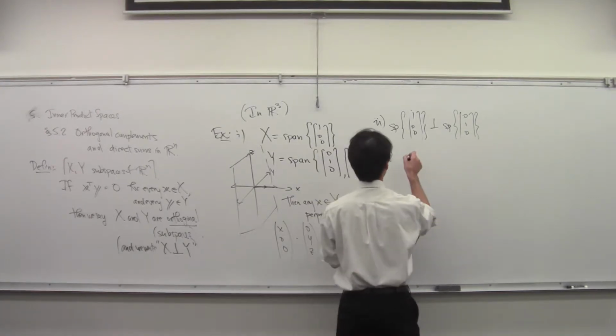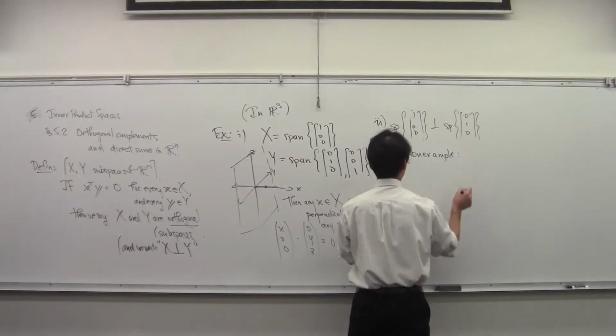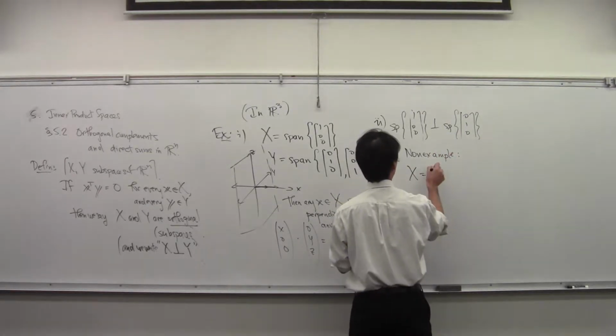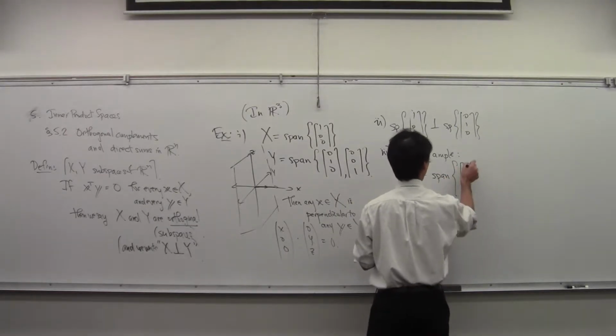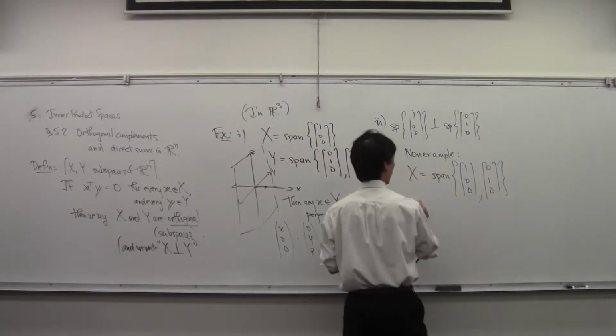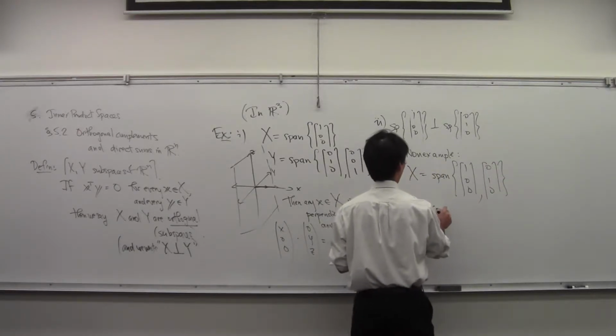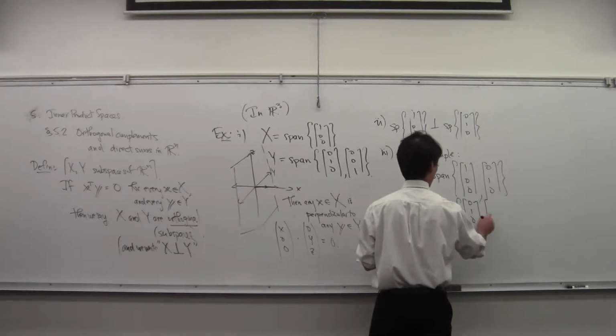Number 3, let's give a non-example. Let X be the span of (1, 0, 0) and (0, 1, 0), and let Y be the span of (0, 1, 0) and (0, 0, 1).